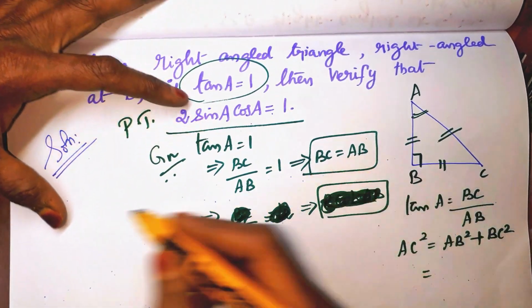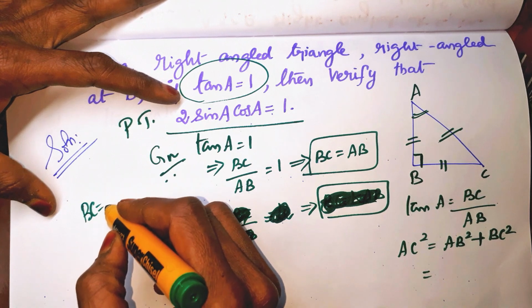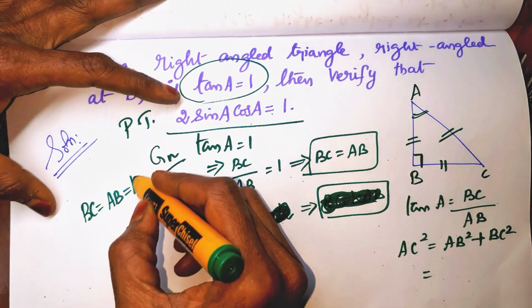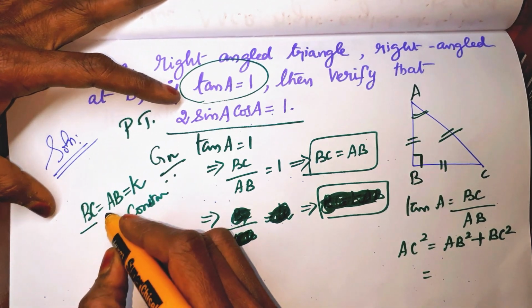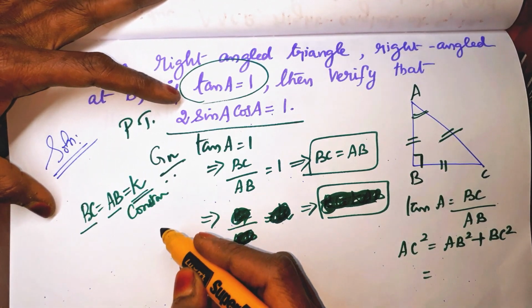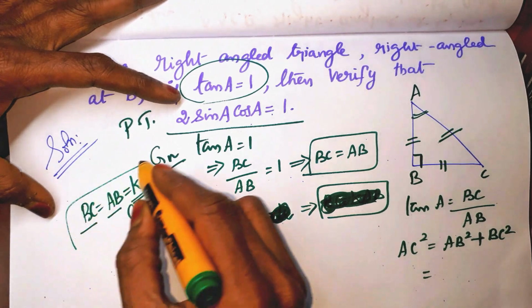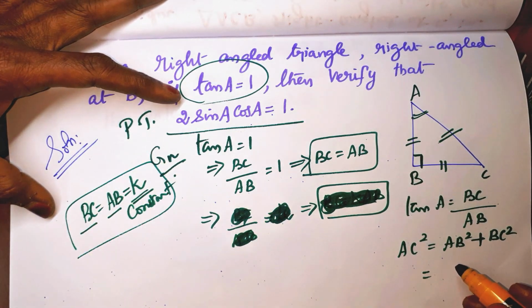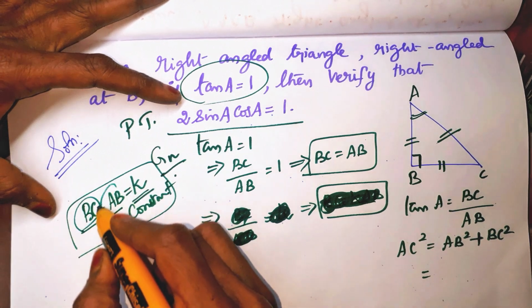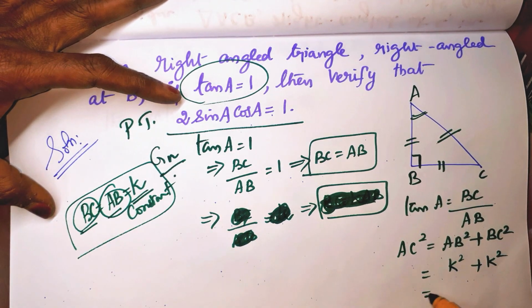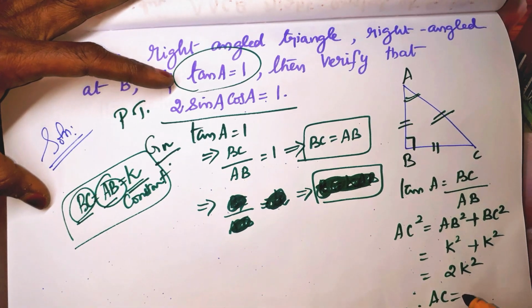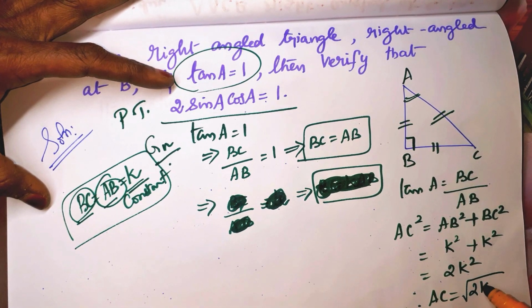Already we have BC by AB equal to 1, so BC equal to AB. We can equate this BC and AB to a constant K. So BC equal to AB equal to some constant K. This one we are going to substitute here. So K squared plus K squared, which is equal to 2K squared. Therefore AC is equal to root of 2K squared.